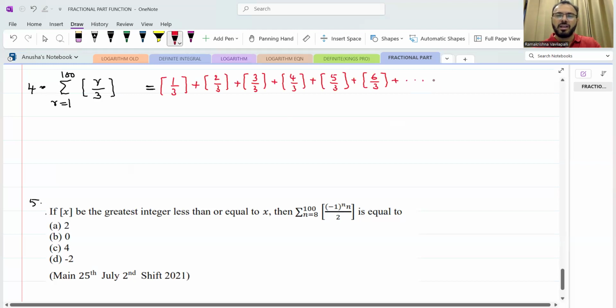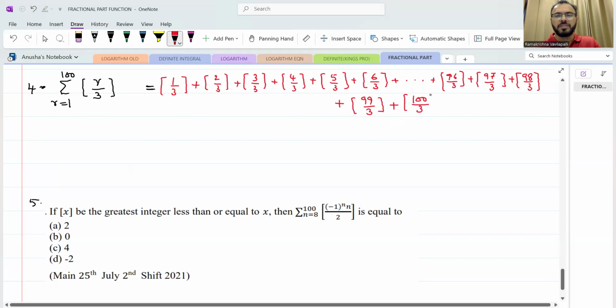At last, I'll write a few terms: integral part of 96 by 3, integral part of 97 by 3, plus integral part of 98 by 3, plus integral part of 99 by 3, plus integral part of 100 by 3.